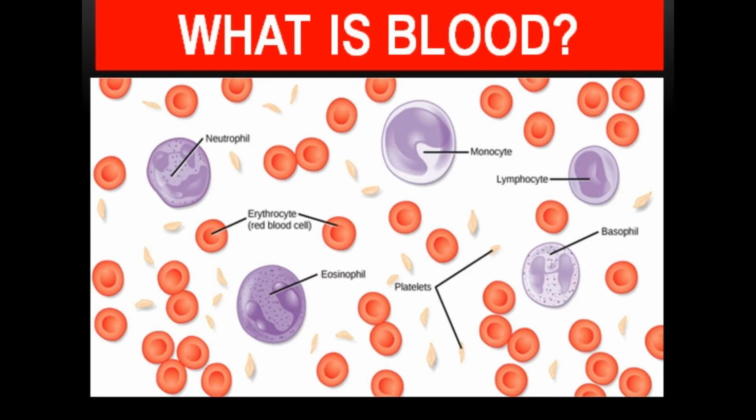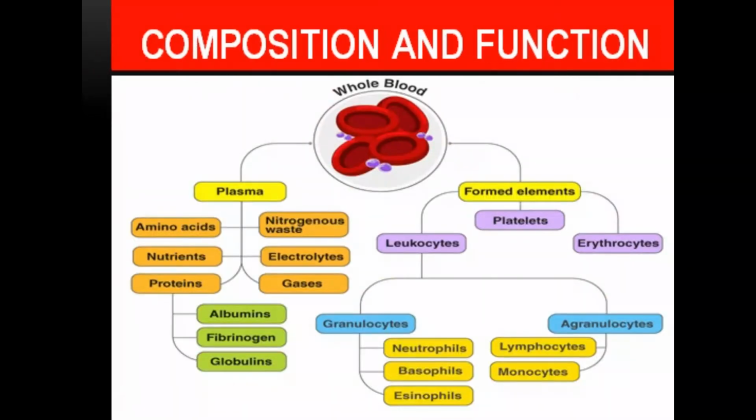It is mainly composed of different types of blood cells which are suspended in the plasma. Blood is circulated throughout the body, and by this circulation, it delivers essential substances like oxygen and nutrition to the body cells.